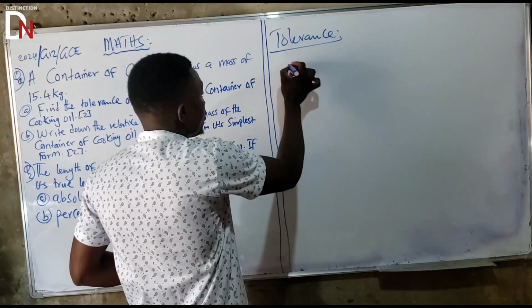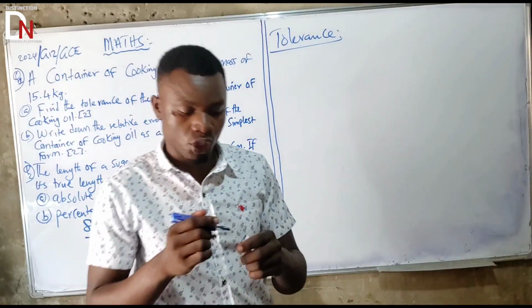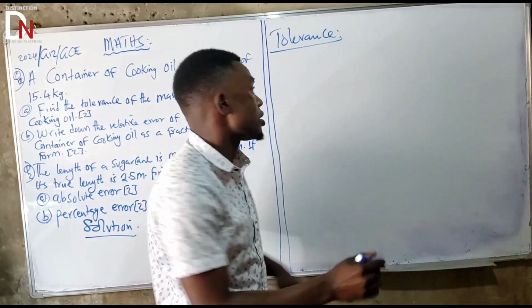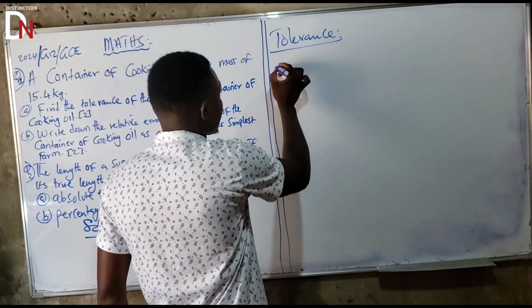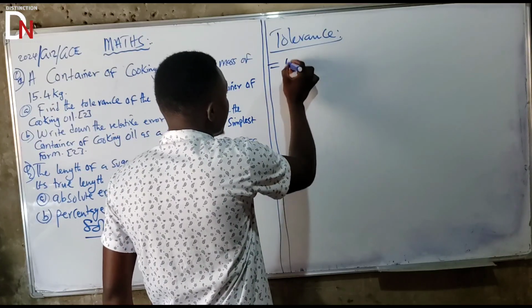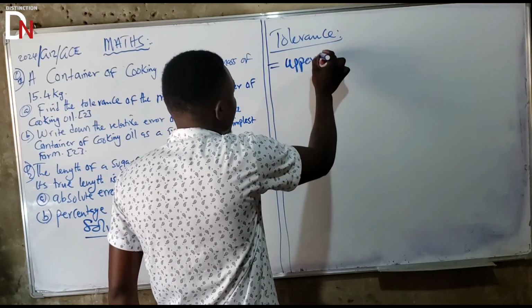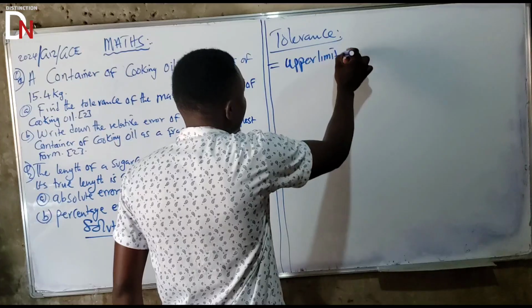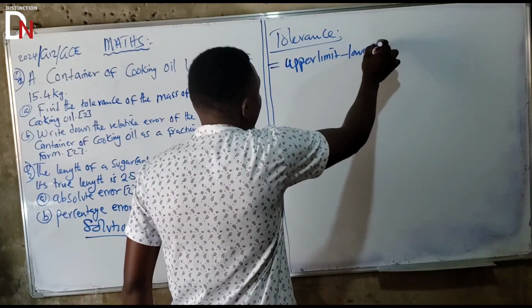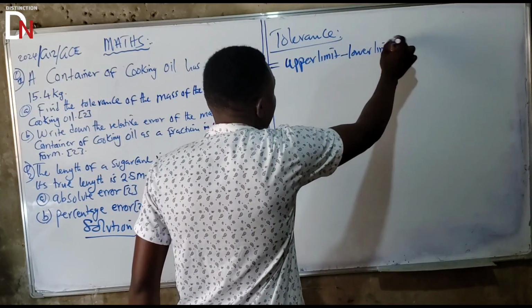Therefore, the difference is a minus. So tolerance is equal to the upper limit minus the lower limit. Okay?